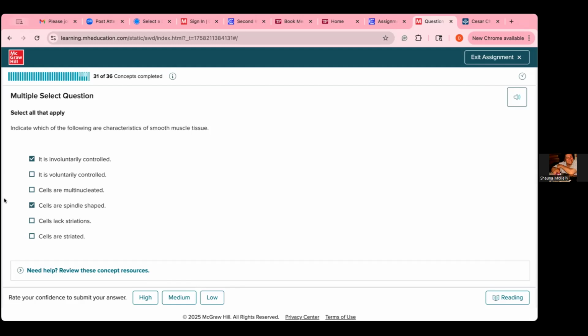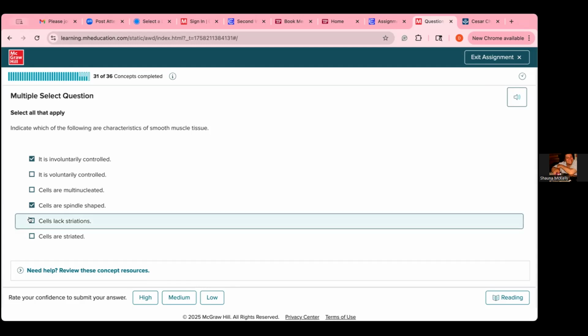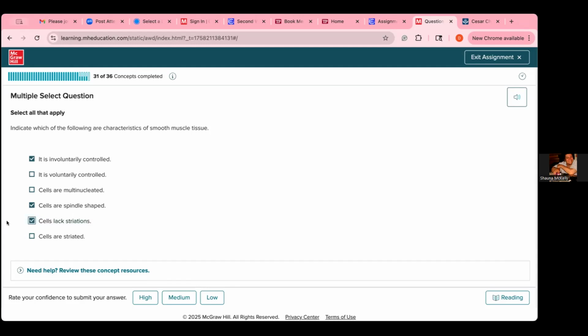It's the one before the last one. And let me see how many nuclei they have. It doesn't say. Spindle shaped fibers. No, they have a single nucleus. So I think that's all of them for that one.